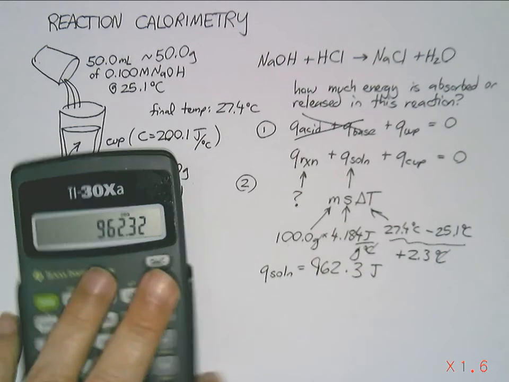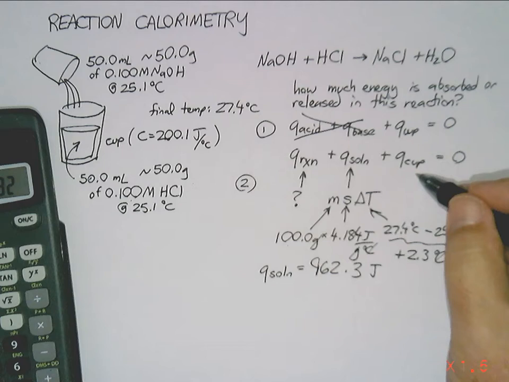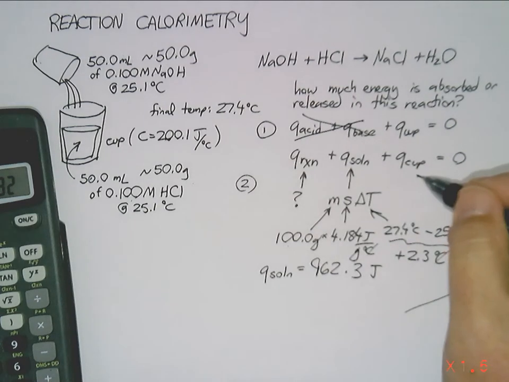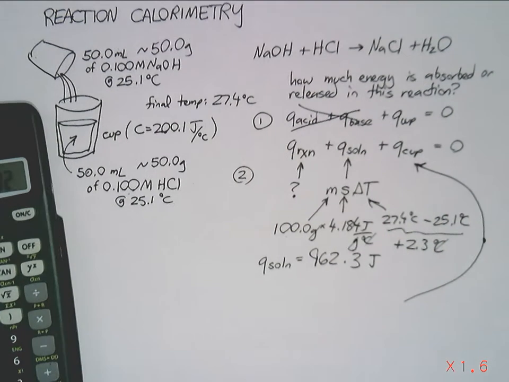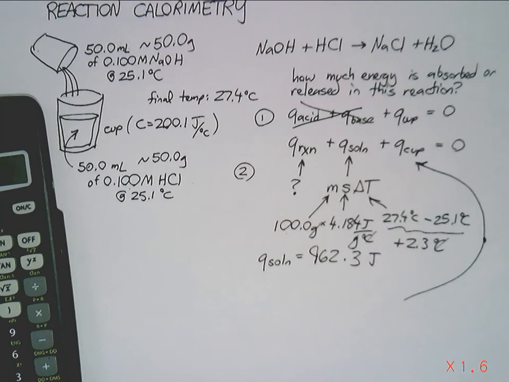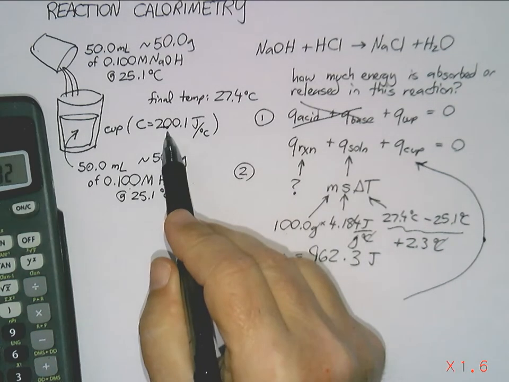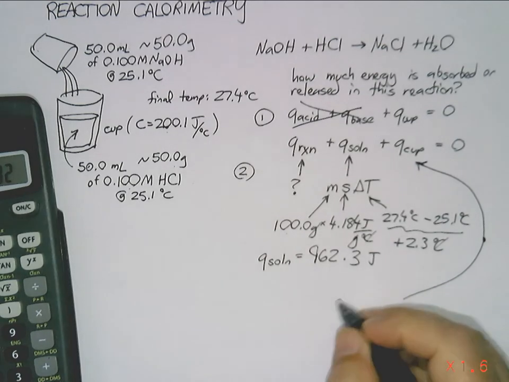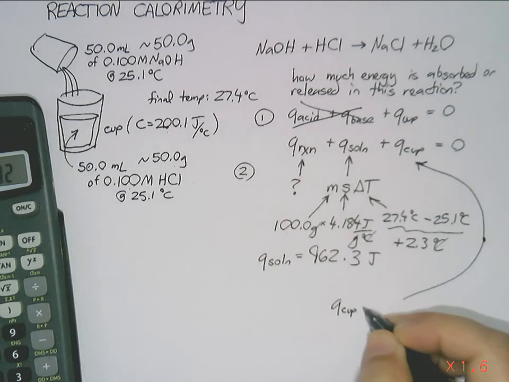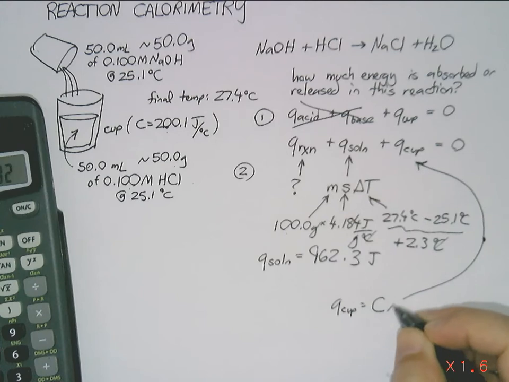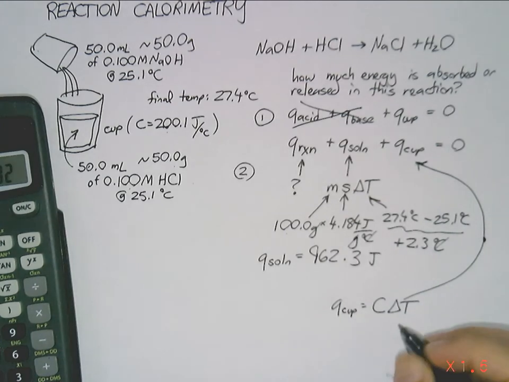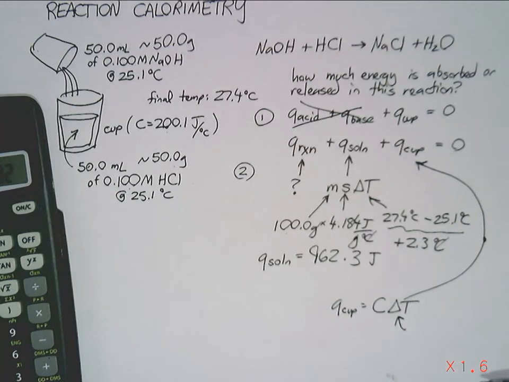Okay, now let's replace Q cup with something that has delta T's in, because step 2 in a calorimetry problem is replace the Q's with things that have delta T. Now here I know the heat capacity of this, so I can replace it like this. Now I'm going to assume the temperature change of the cup is the same as the temperature change for the solution inside of it.